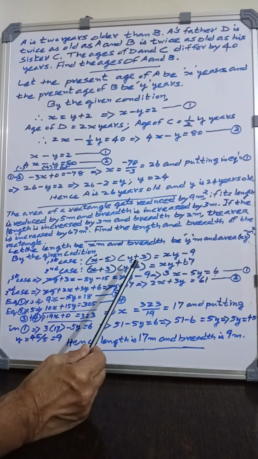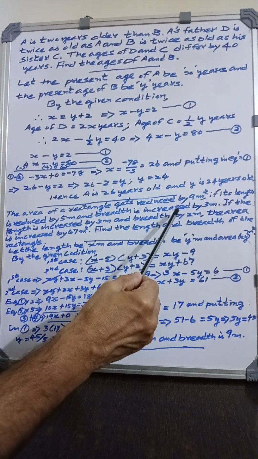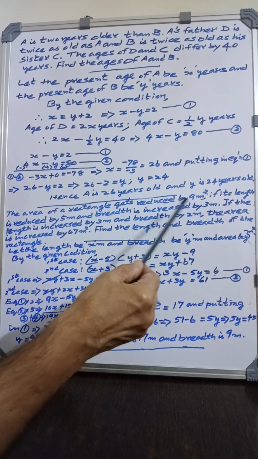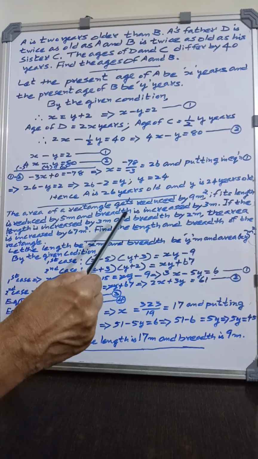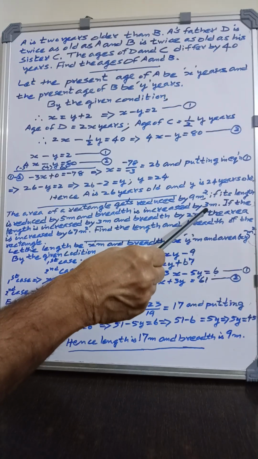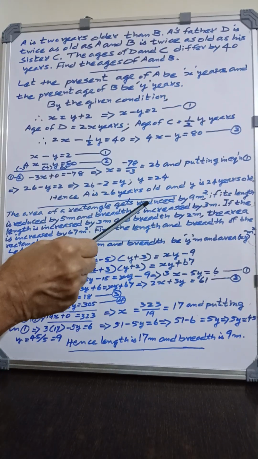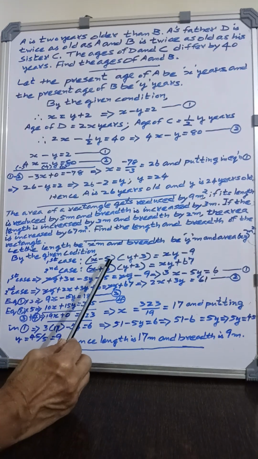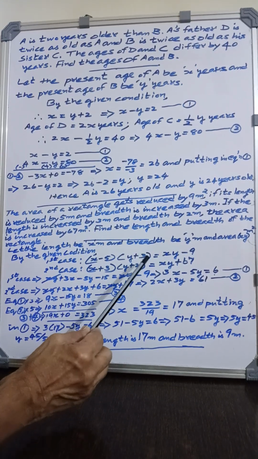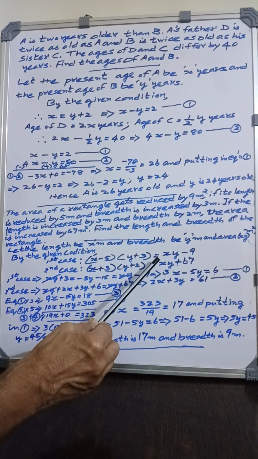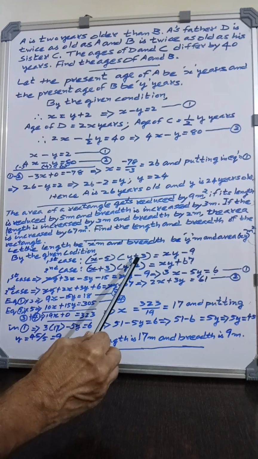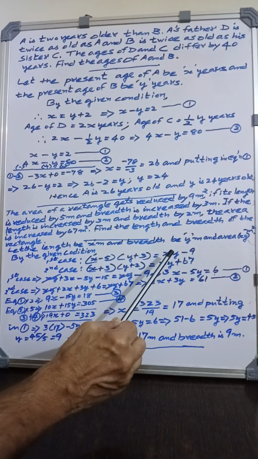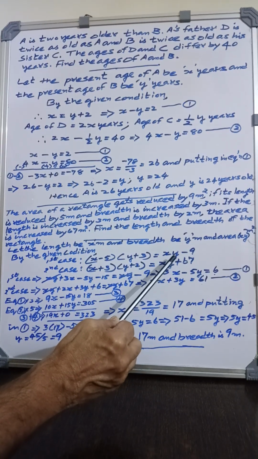The area becomes, if the length is reduced by 5 meters and breadth is increased by 3 meters, the area gets reduced by 9 meters squared. Therefore, x minus 5 into y plus 3 equals length into breadth equals area reduced by 9, that is xy minus 9.